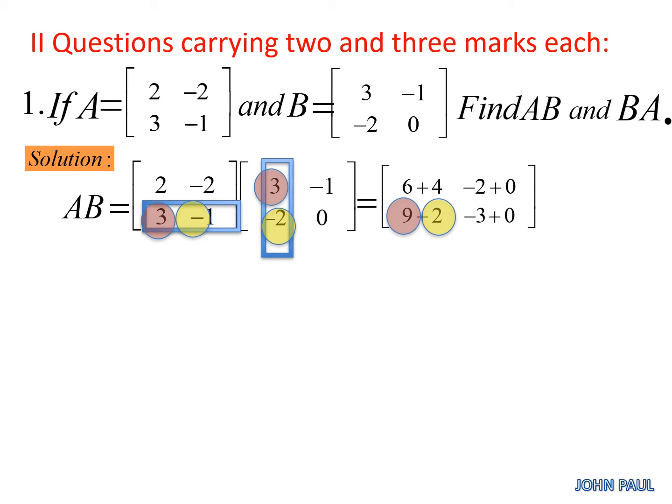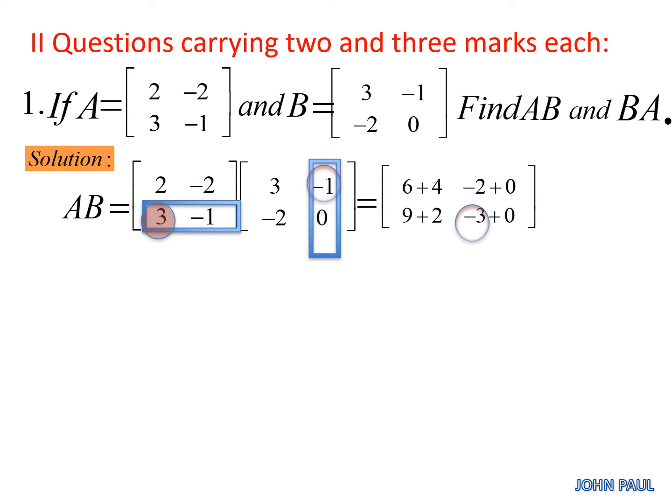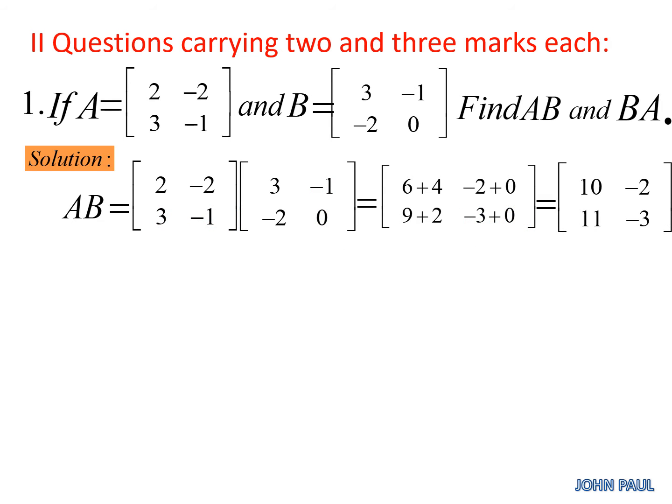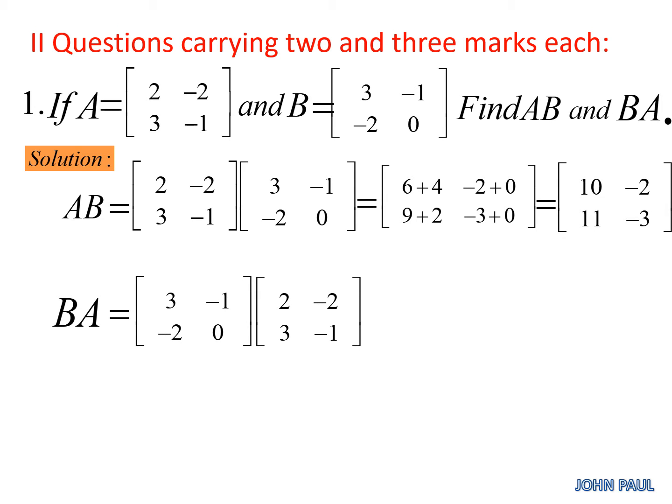Minus 1 into minus 2, 2. Take the second column. 3 into minus 1, minus 3. Minus 1 into 0, 0. By adding this, we get 10 minus 2, 11 minus 3.